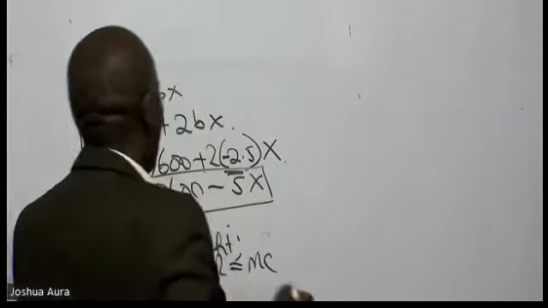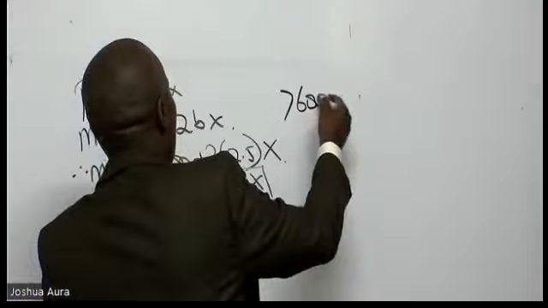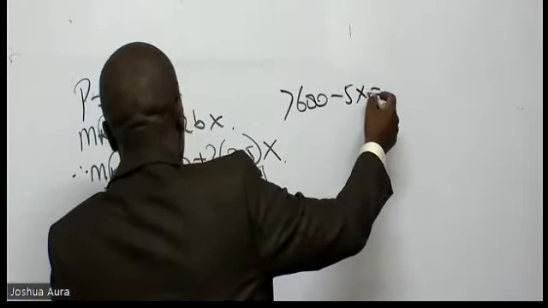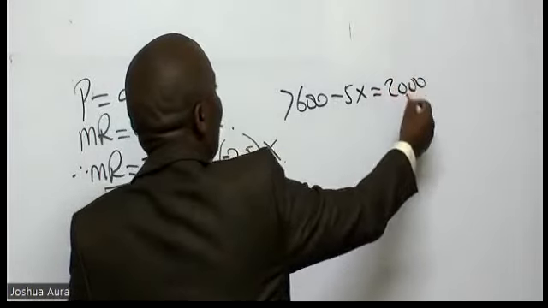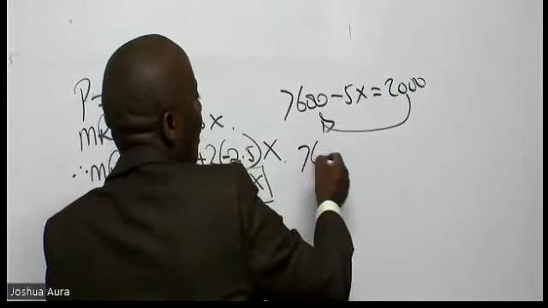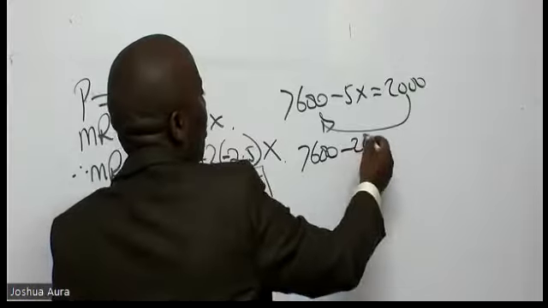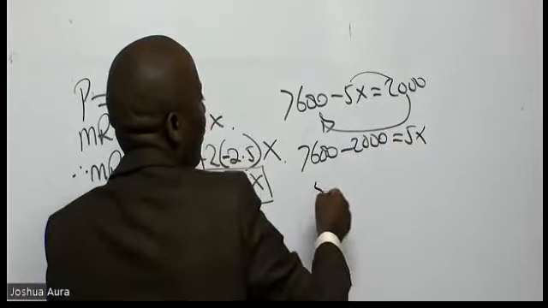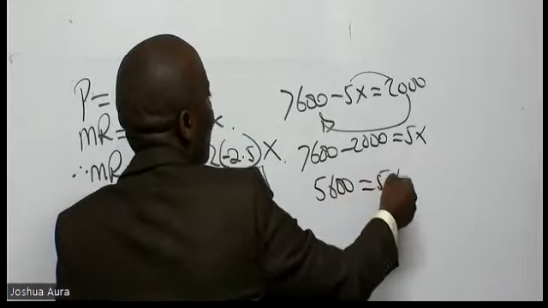And marginal revenue now is 7,600 minus 5X, which should be equal to marginal cost of 2,000. So bring this here. It will be 7,600 minus 2,000 equals 5X. So this will be 5,600 equals 5X.